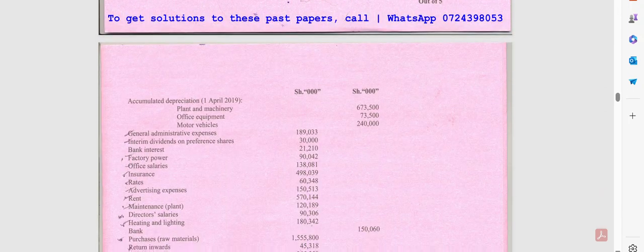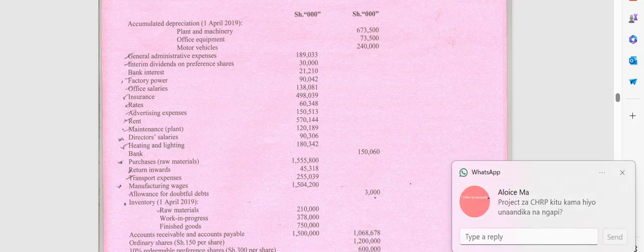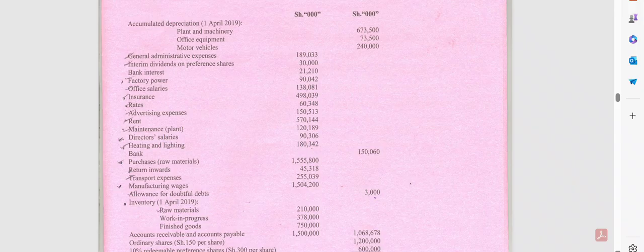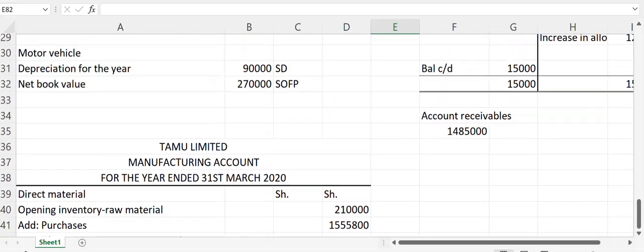So we were supposed to open an account for office salaries and an account for directors. So let us go back to our directors account.